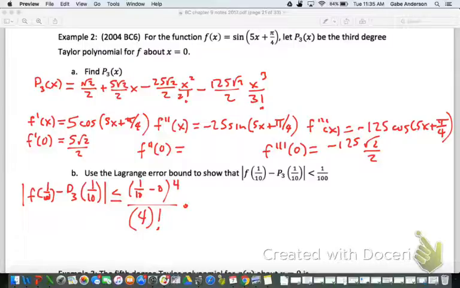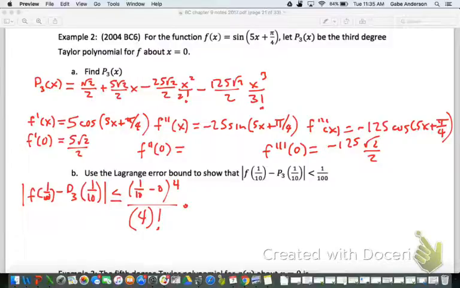We are talking about the interval from 0 to 1/10, but perhaps the most important thing is that we are talking about the n plus 1th derivative, and it involves sine or cosine. That's going to be super key. So we know what the third derivative was, right? I'm going to go back up here, and now that I think about it, we would want to calculate the fourth derivative, shouldn't we, knowing that we're going to be trying to find this error.